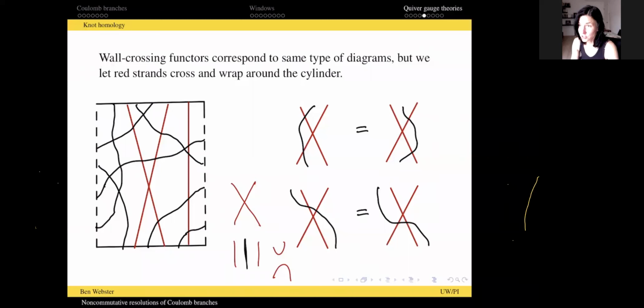In the end, you need two tilting bundles, and you need to compute the Homs between them. Yeah, but the point is those two tilting bundles come from that quotient.